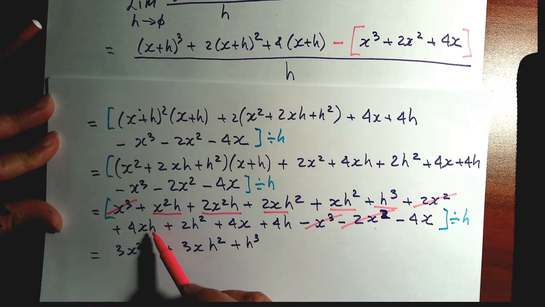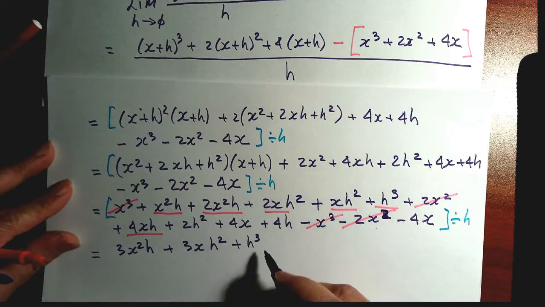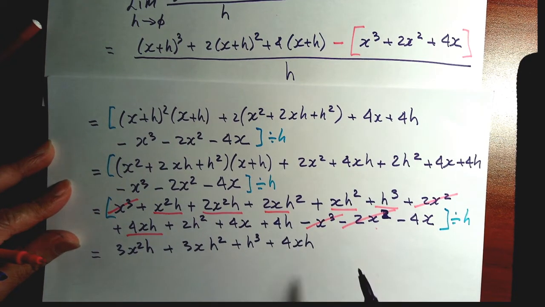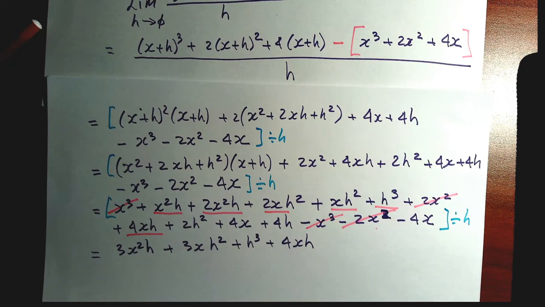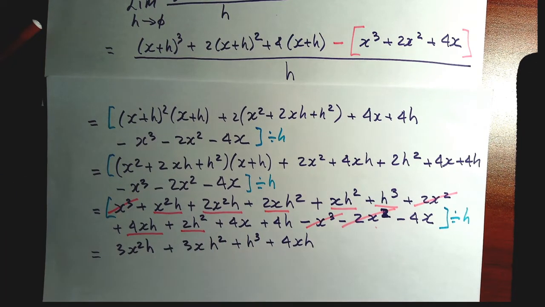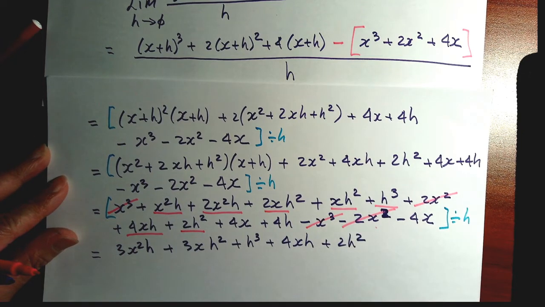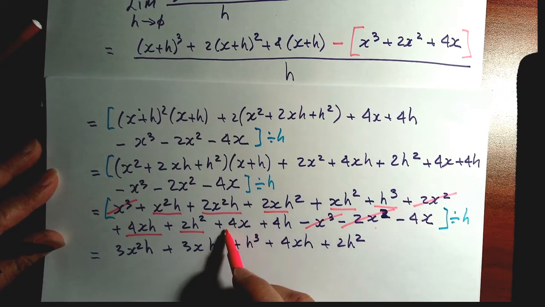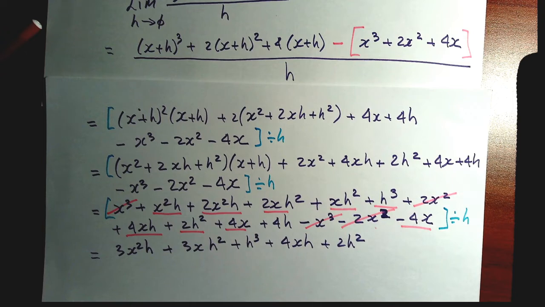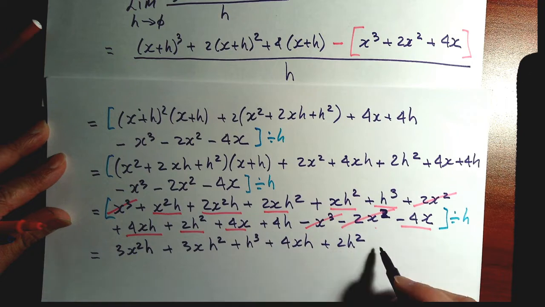Plus 4xh, 2h squared, 4x minus 4x, so that cancels out, and then the last term is plus 4h.